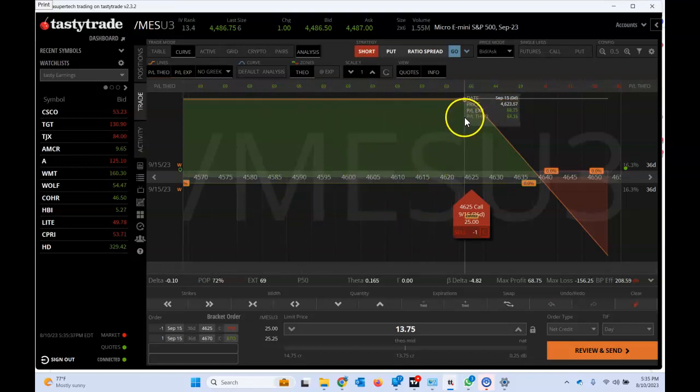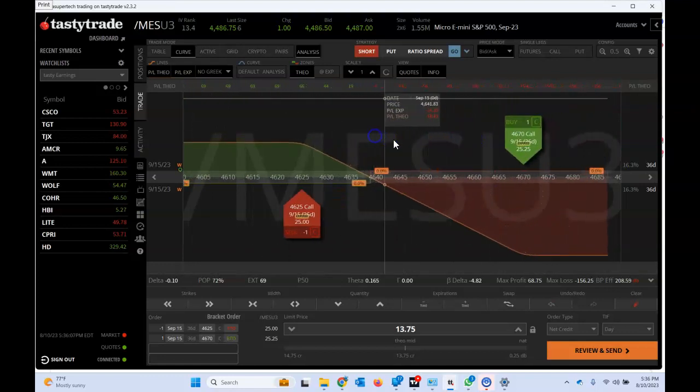So anyway, the idea is to not hold it to that point, but I do still want to show you how this looks on expiration day, where below your sell strike price is where your maximum profit will always be. And then as you get towards your 46.25, I'm sorry, 46.70, as you get closer to that, your profitability zone does shrink down to a middle area where you're breaking even.